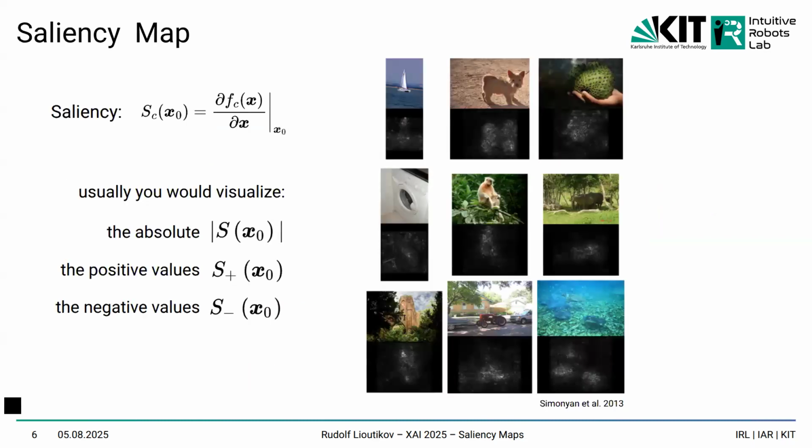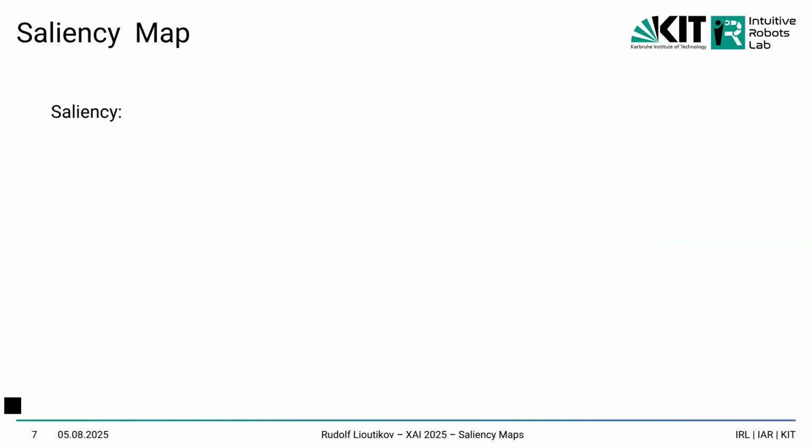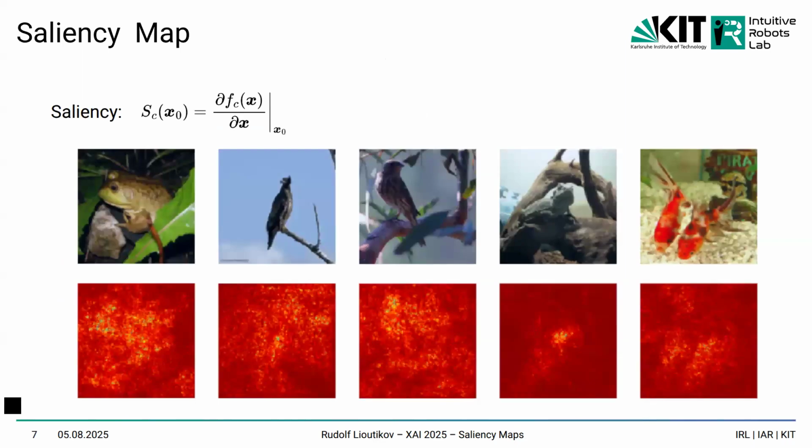With this, if we actually have our saliency, we can choose different ways of visualizing it. We can visualize the absolute, or only the positive or negative examples. This is up to us. But computing the saliency allows us, given the scores for one particular class, to see which pixels contributed to that score.